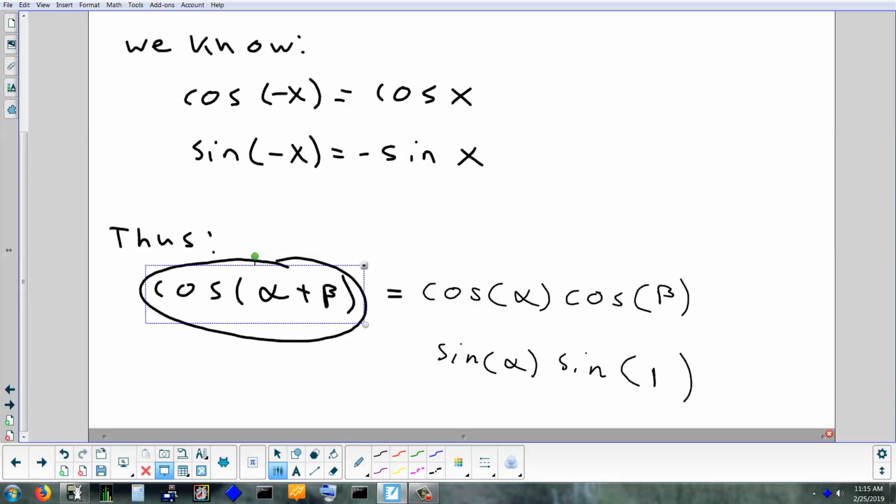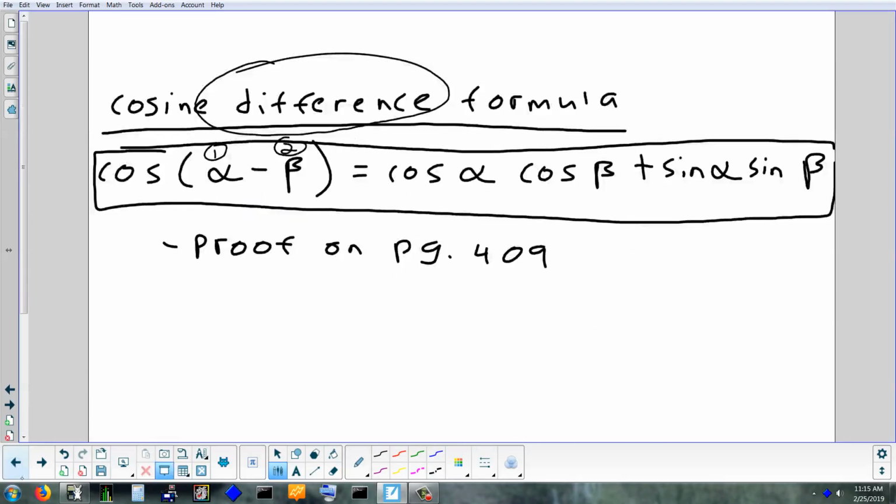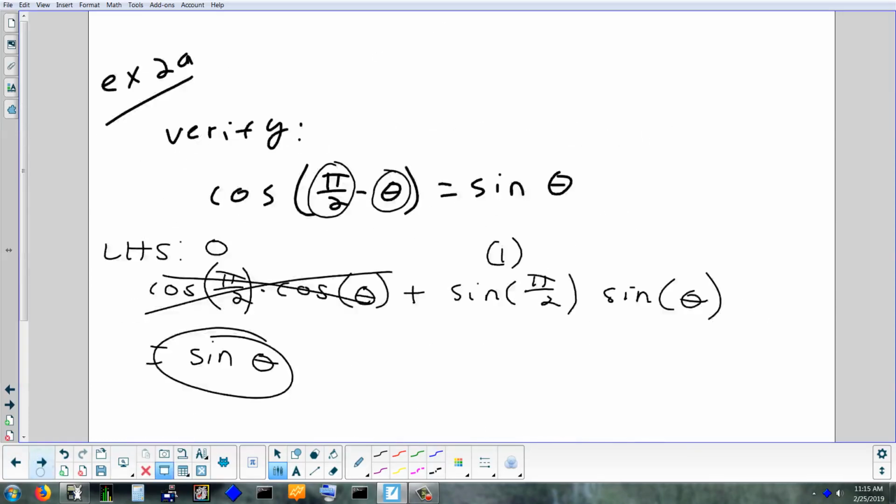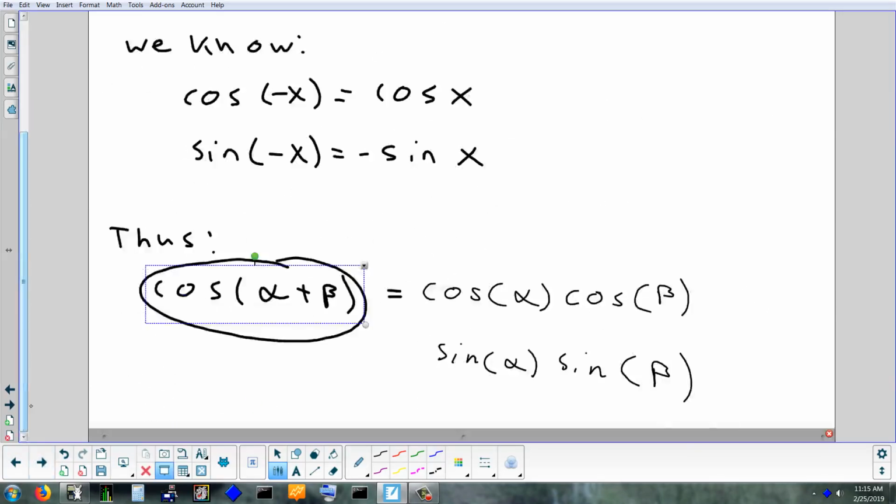So it looks almost the same. There's just going to be one thing different. What do you think is going to be different? It's going to be a subtraction. The difference formula used a plus. The sum formula is going to use a minus. That's the only thing that's different.